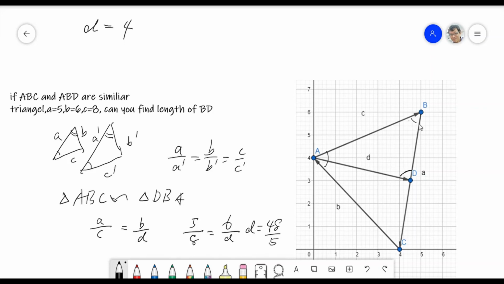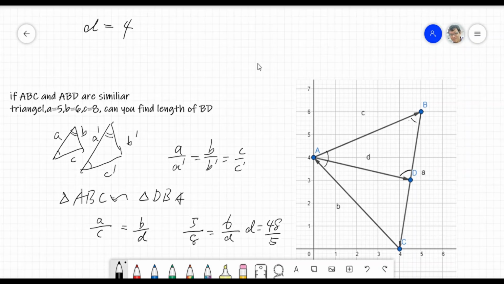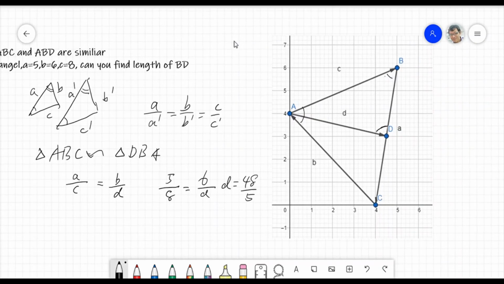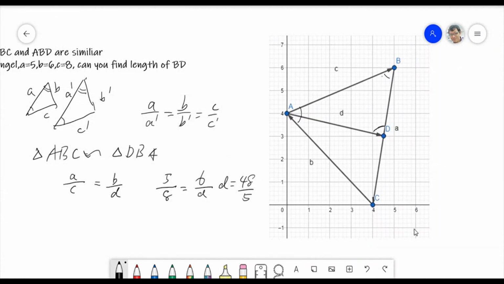We have to find the cosine B. So for cosine B we have to use the formula of what? The law of cosine. B square is equal to A square plus C square minus 2AC times cosine B, of course.